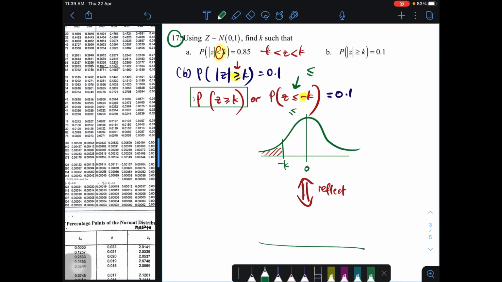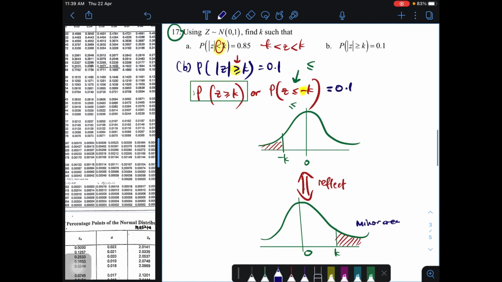Bila dia equivalent, dia punya drawing akan jadi, drawingnya K belah kanan, positive K lah. Reflect mesti dapat positive K, and then disebabkan this is like 10% minor region, this is a minor area, so of course you got your shade on the right hand side instead. Okay, reflectkan dia. Therefore, this thingy is actually probability of Z is more than or equals to K.